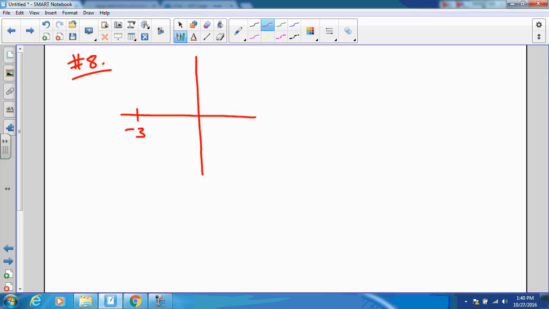Number 8 is really interesting because we have a curve like this, and this right here.